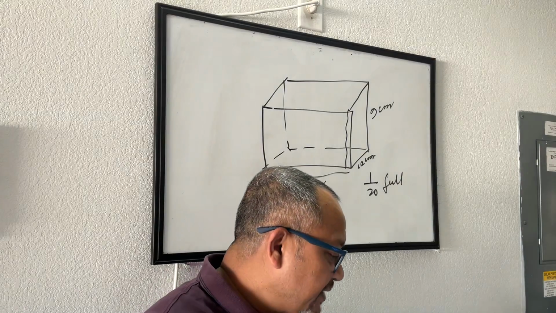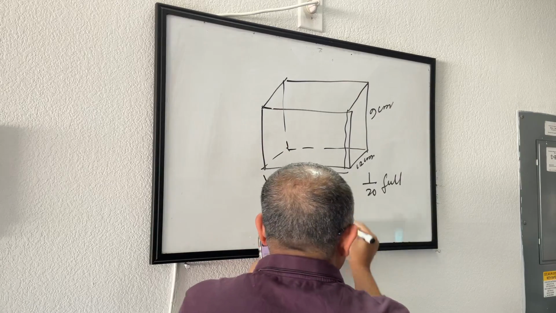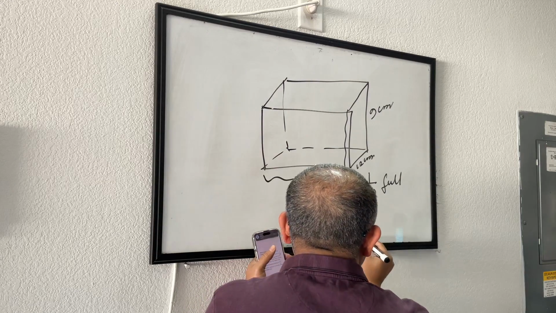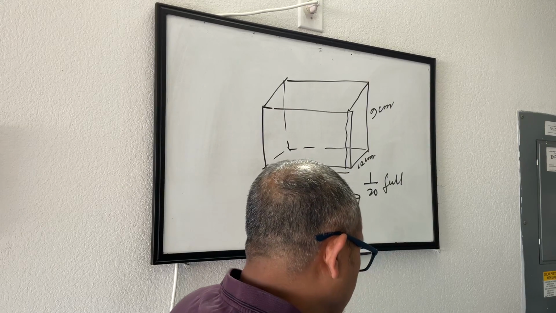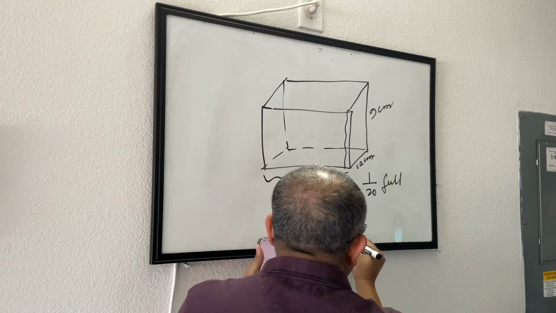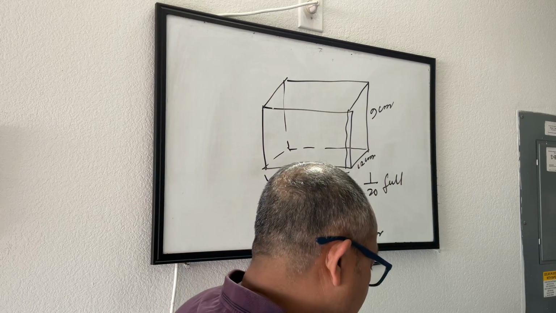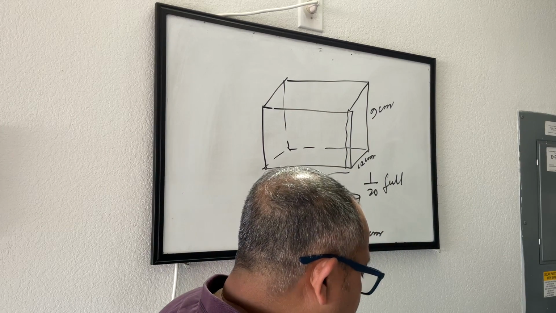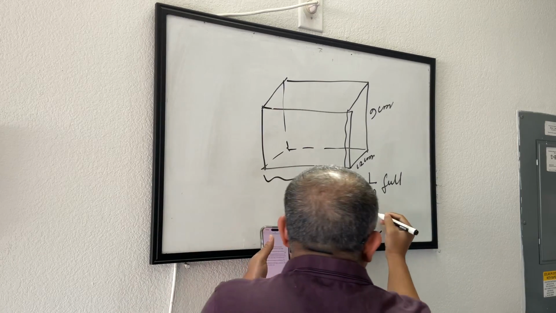All this water is then poured into an empty cylindrical container. Okay? Empty cylindrical container. With a base radius of 3 centimeter. Height of the water in the cylindrical container is y over pi centimeters, where y is a constant.